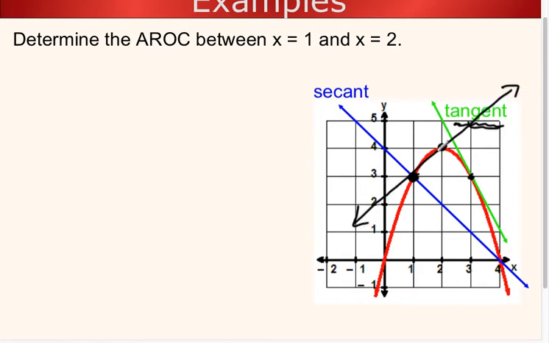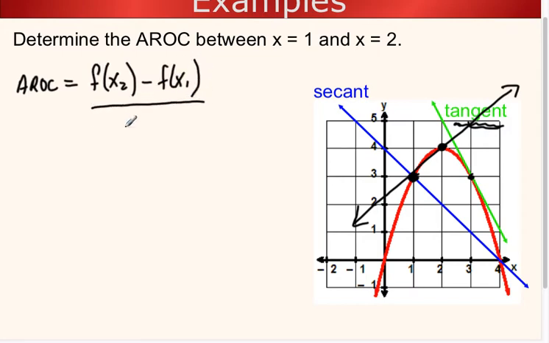And notice, since it's going up to the right, I already know that my average rate of change, which is the slope of that line, is going to be positive. So my average rate of change is my calculation of, now I'm going to write my formula here, f of x2 minus f of x1. And remember, all that means is it's y2 minus y1 divided by my change in x, which is x2 minus x1.